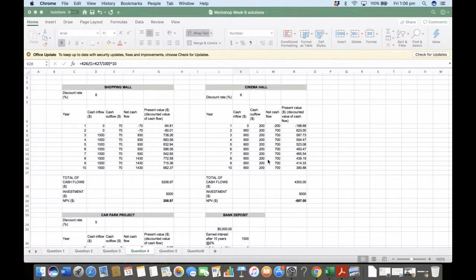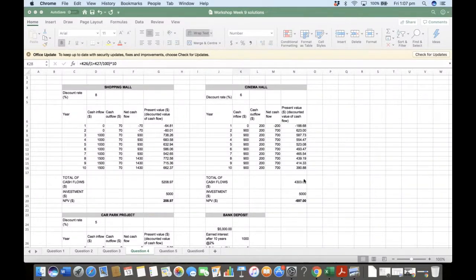Now, looking at the second option, which is to invest in a cinema hall, again, we have the positive and negative cash flow given to us in the question. We find the net cash flow, and again, we discount all of this using the discount rate that has been provided in the question, and add it up together to get the total discounted cash flow. Again, just by looking at these two numbers, your initial investment is higher than the net revenue that will be generated from this project.